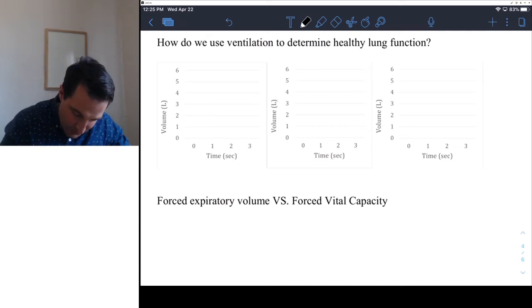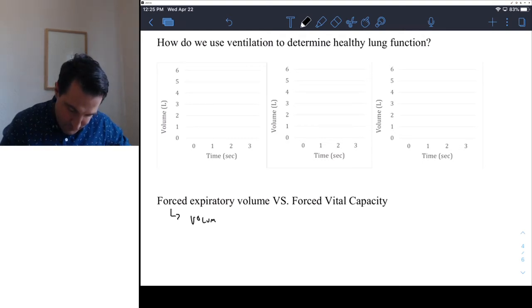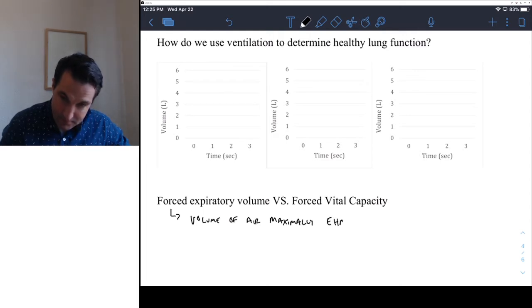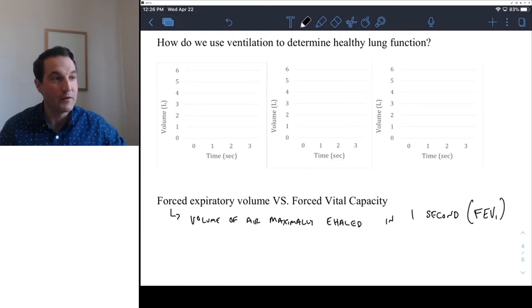Our forced expiratory volume is going to be the volume of air maximally exhaled in 1 second. And generally we will call that FEV with that little subscript of a 1 right there.